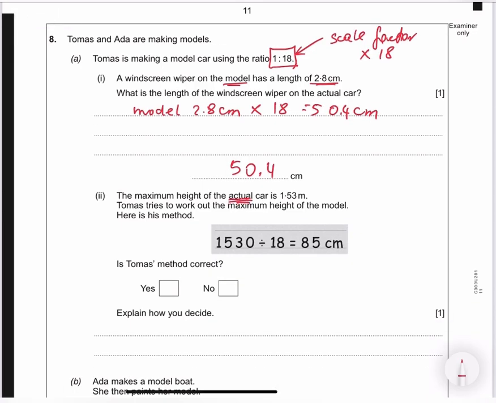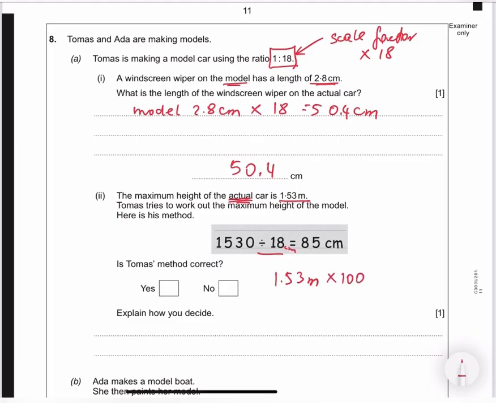So the next part asks you to actually scale down. So the actual size of the car is 1.553 meters. We're going to divide this time by 18, but we have meters, so we need to change meters into centimeters because our scale 1 to 18 is in centimeters.